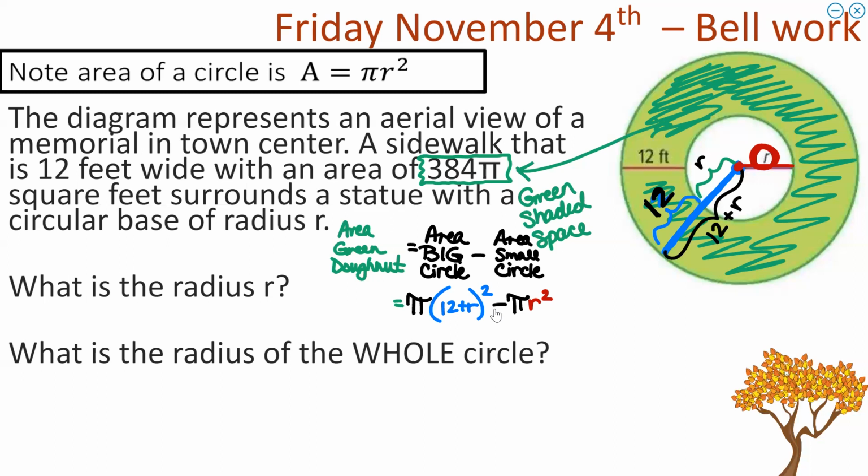So I have 144 pi plus 24r pi plus pi r squared. I bring down my minus pi r squared. On the other side, that was equal to 384 pi.